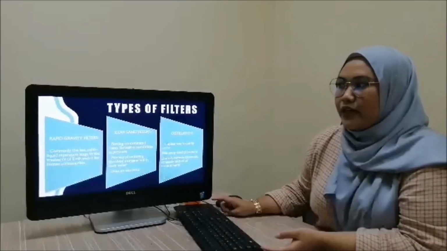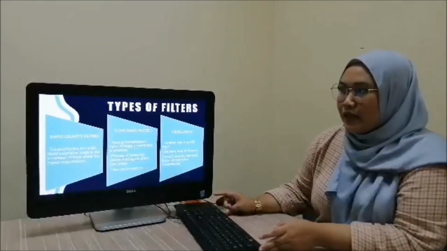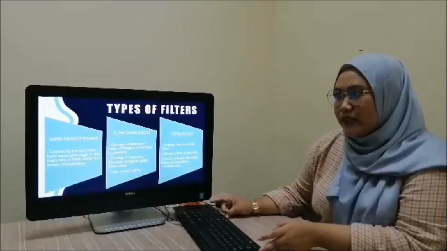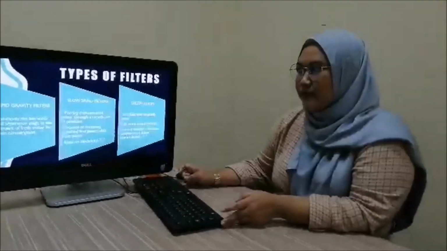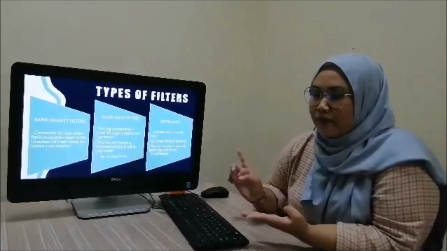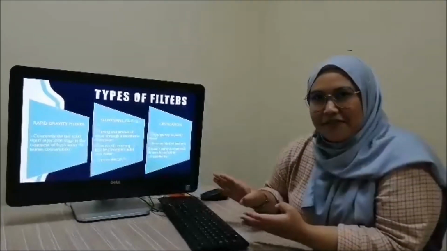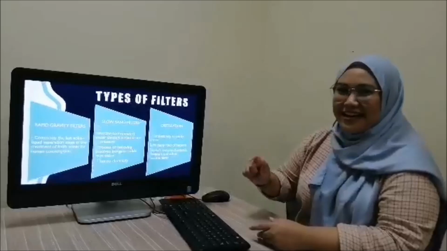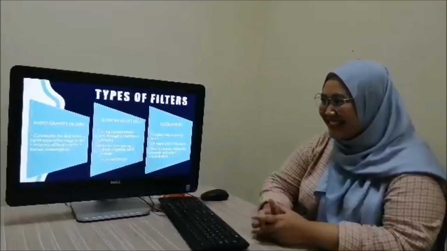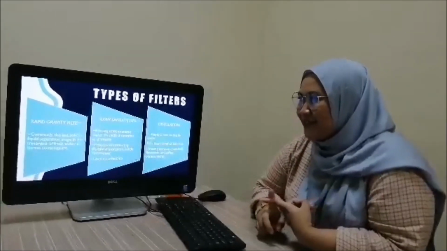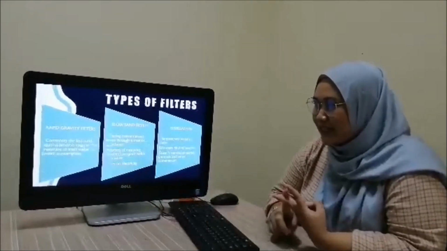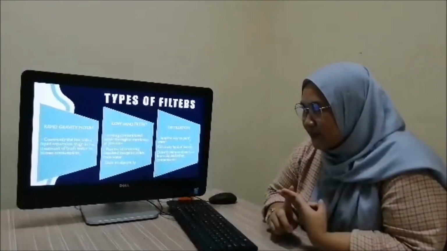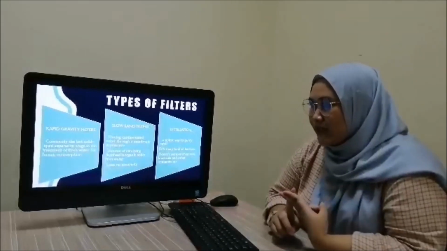The fourth is rapid gravity filters, commonly the last solid-liquid separation stage in the treatment of fresh water for human consumption. The fifth is slow sand filters.